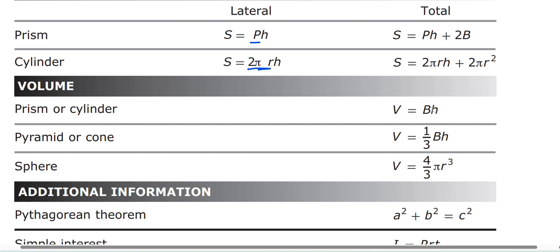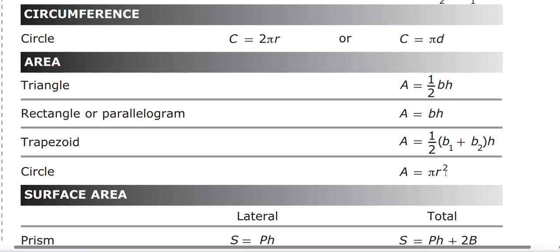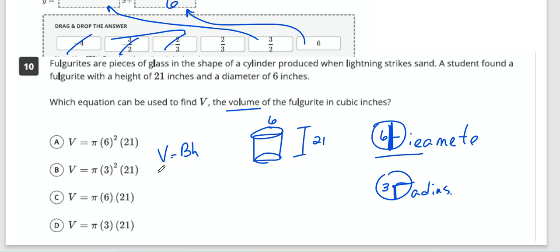But the B stands for area of the base. Area of the base is a circle, so area of the circle is pi r squared. Volume is equal to, we're going to change this to the formula of area of a circle, pi r squared times the height. Volume is equal to pi, radius is 3 squared, times my height, 21.